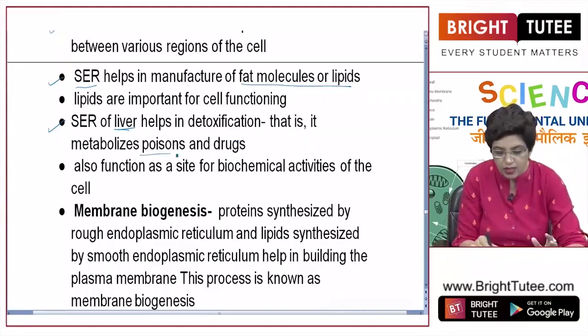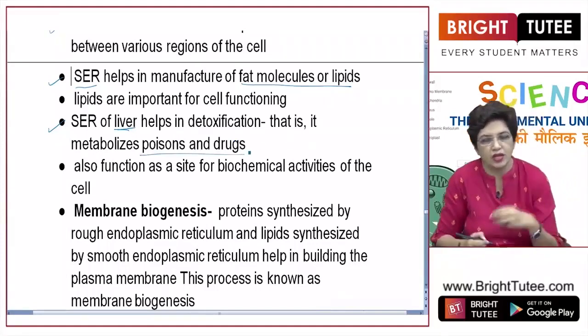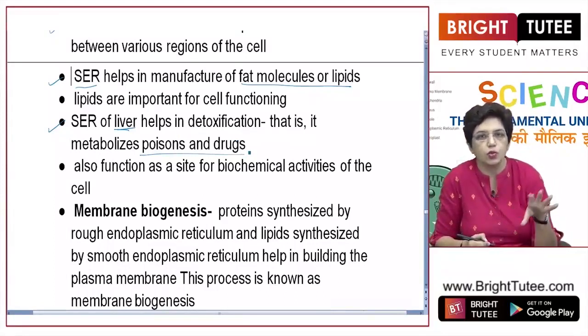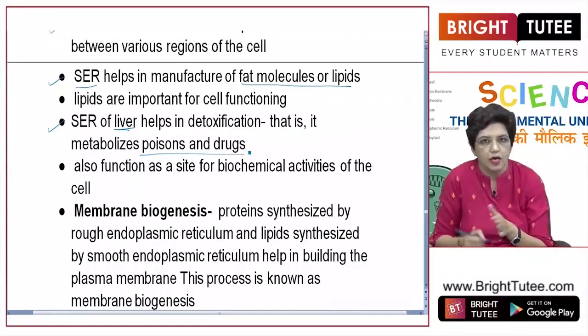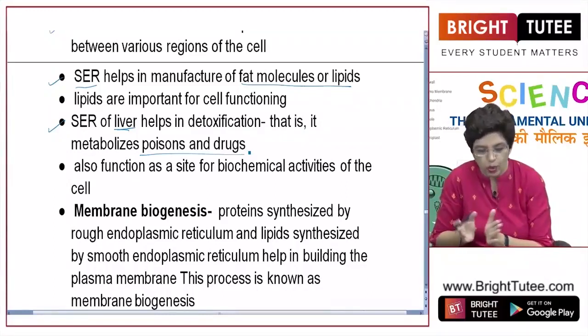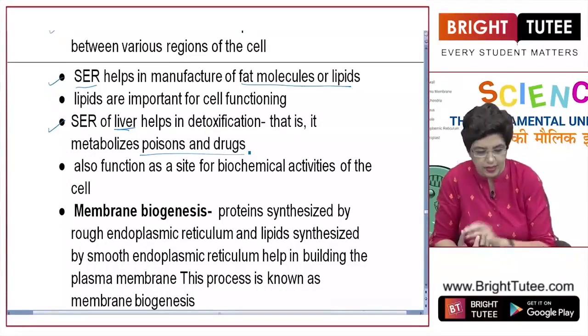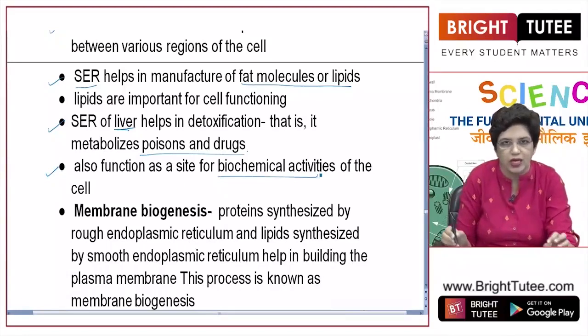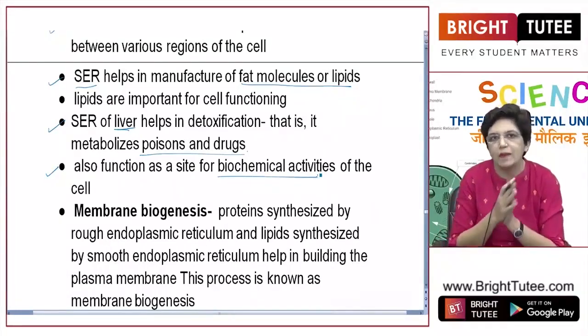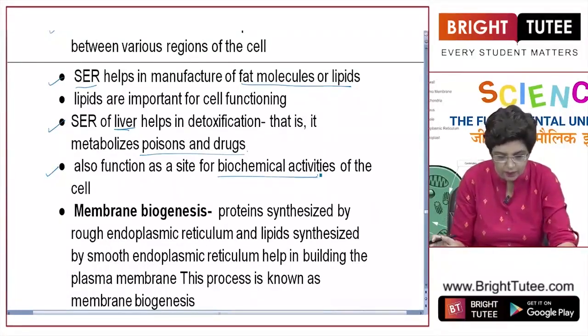That is, it metabolizes the poisonous things or the drugs which enter your body. They have to pass through the liver for detoxification, and the cells of the liver contain a large amount of SER which help in metabolizing these poisonous harmful substances. It also acts as a site for biochemical activities. There are many chemical reactions which take place in the endoplasmic reticulum.